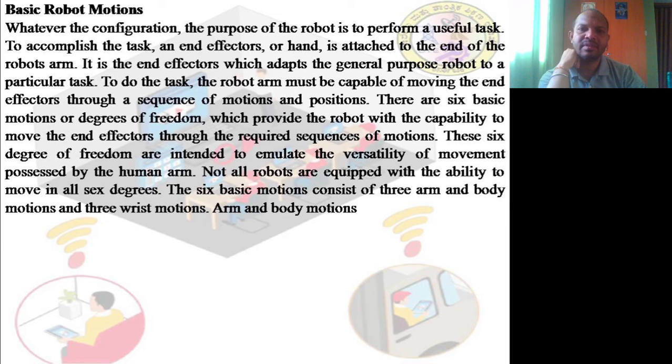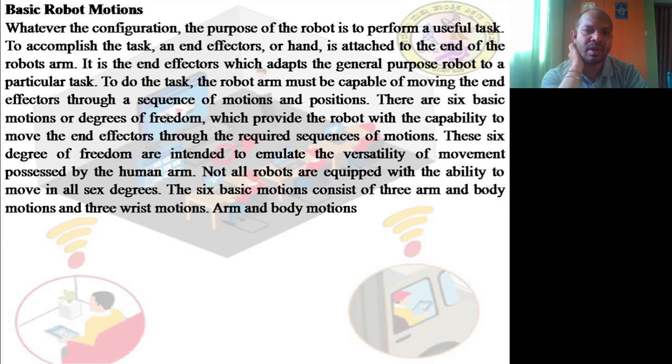End effectors are attached to the wrist to do a particular task. It can do a drilling operation if you fix a drilling spindle to it. That is what we call an end effector.